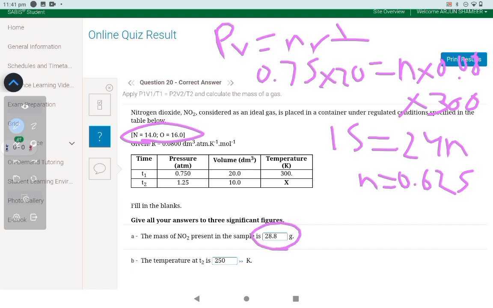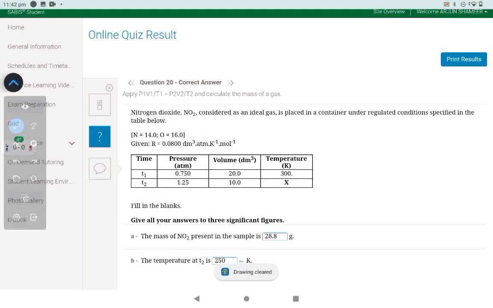Okay, now they want the temperature. For here, we can do the P1 V1. So P1, okay, I'm gonna reset. P1 is going to be 0.75 multiplied by 20 over N1.